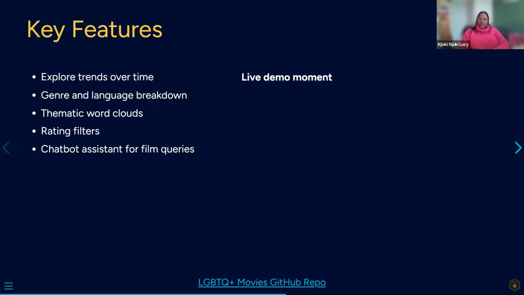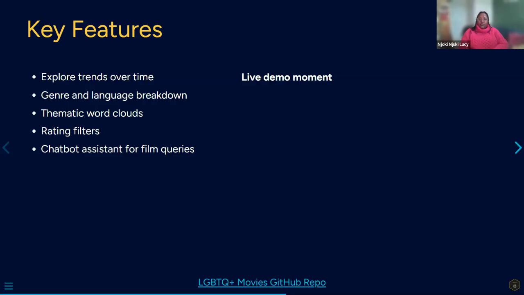It also allows a user to filter based on ratings. And lastly, it has the chatbot assistant, where you can ask questions about a film, or tell the chatbot to filter some information about a film and give it to you. It is able to do that.